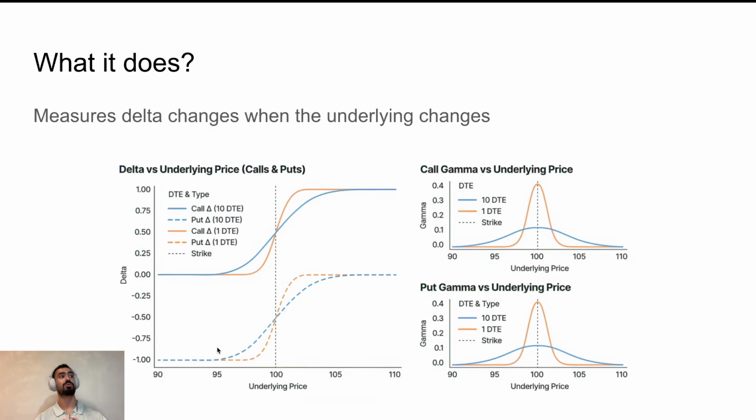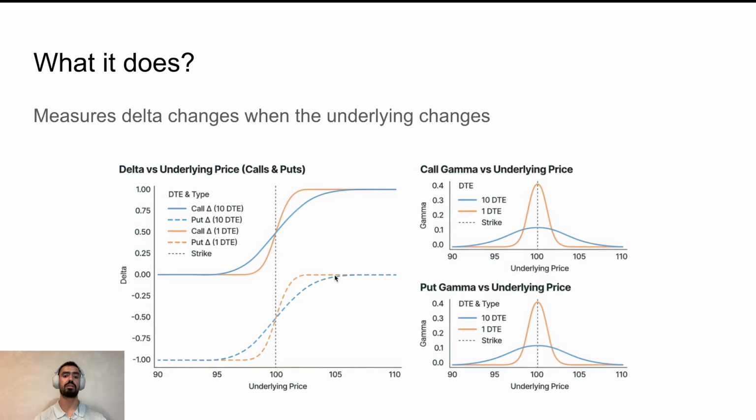Now let's move on to the puts. Very important here: the delta is between -1 and 0. And we're going to see the delta increase, just like the calls. It's going to increase with the underlying price, from -1 to less negative, towards 0.